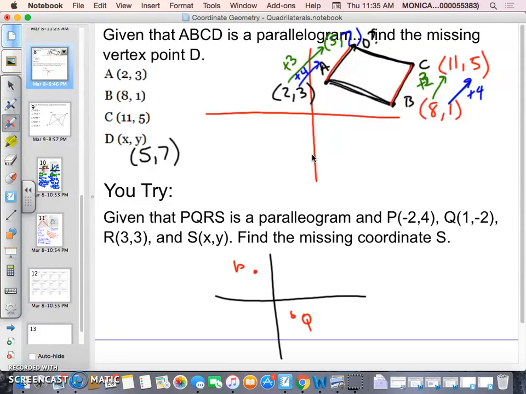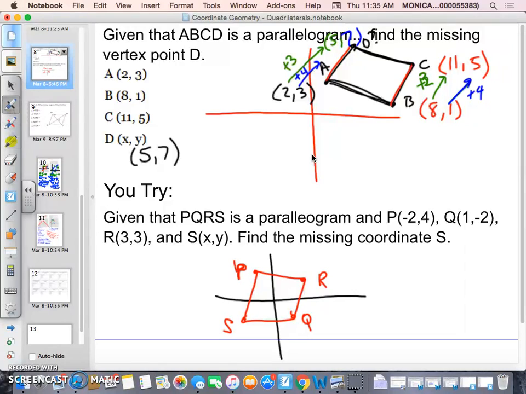We've got 3, 3 here. And so I'm going to assume that S is somewhere over here. Something like that. Okay? Not the best drawing in the world, but it is what it is. That's coordinate P. And this is S, what we're trying to figure out.